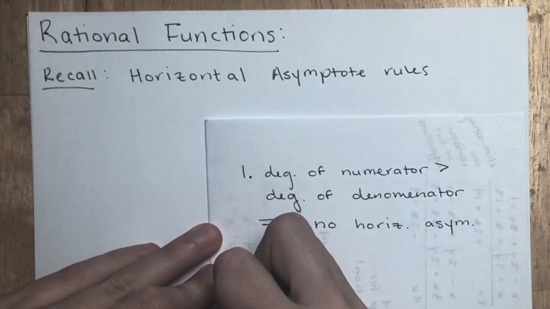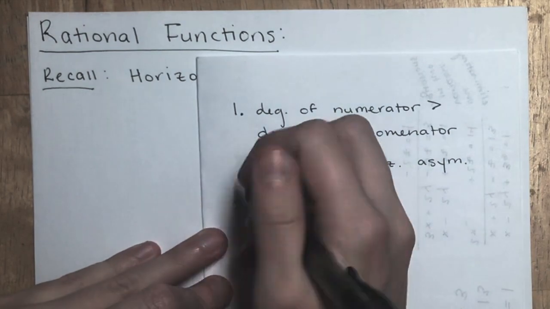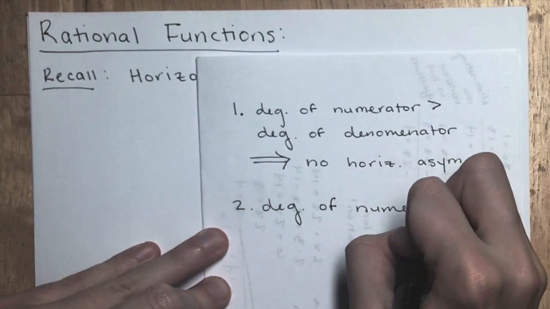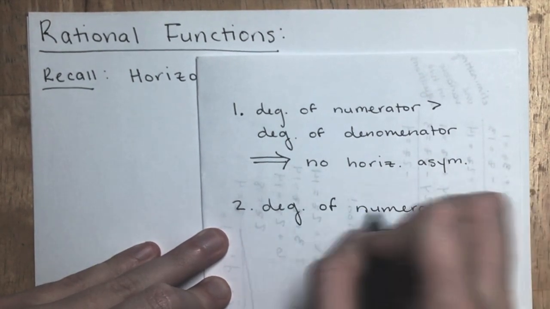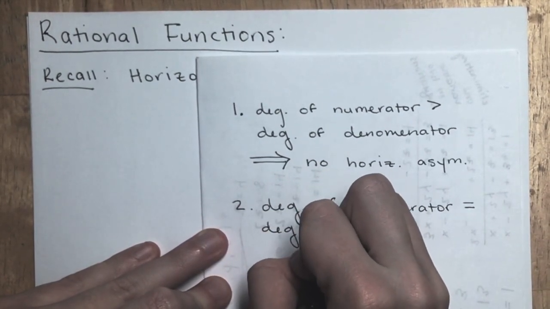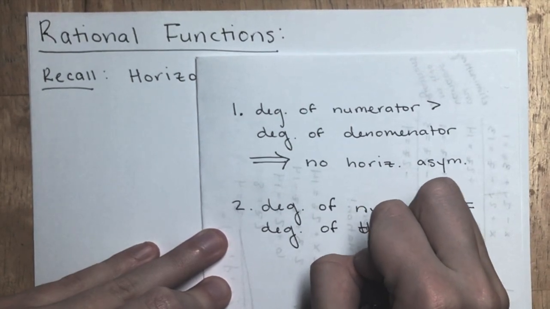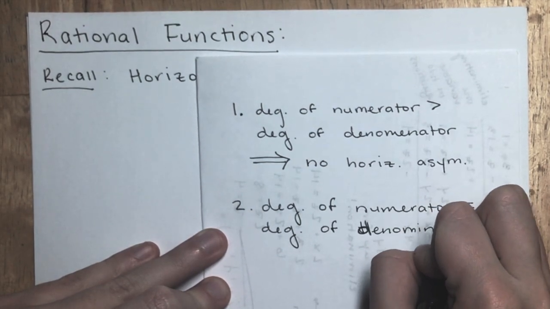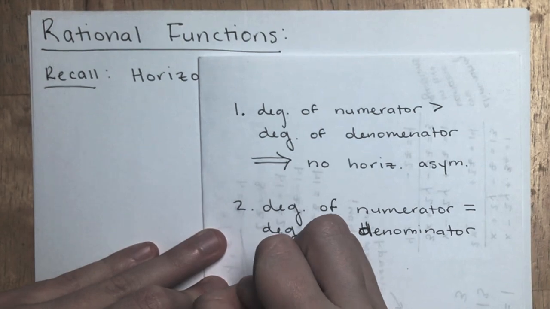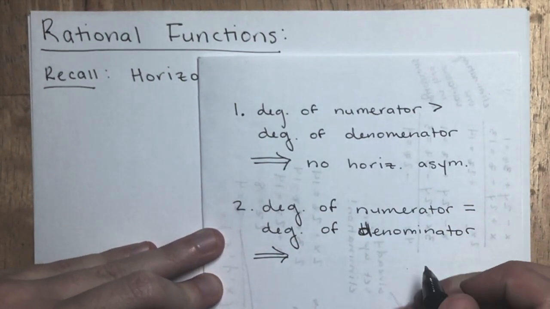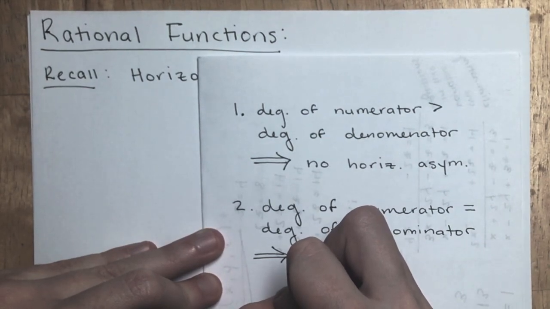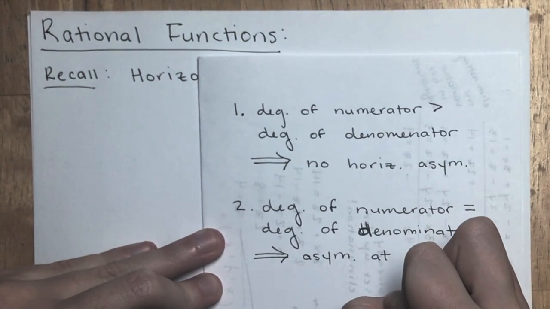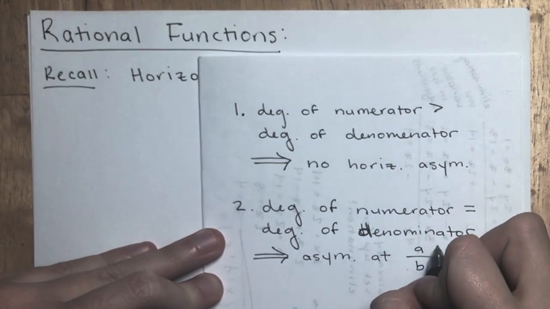The second one was that if the degree of the numerator was equal to the degree of the denominator, then we had an asymptote at A over B, where A and B were the leading coefficients.